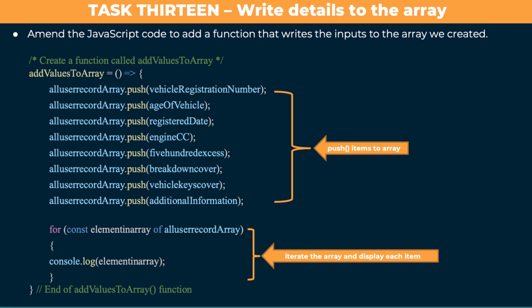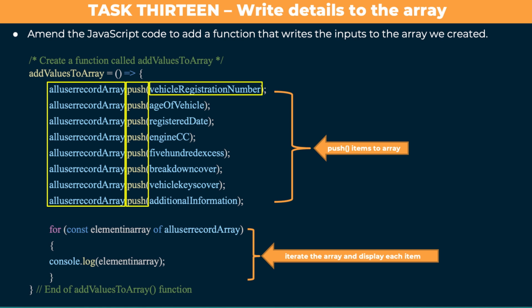So with the array, we said we would push the data to the array. Our array was called all user record array. And then we used the .push method to push the variable, in this case, vehicle registration number, to the array. So that goes into the first position, which is called position 0.